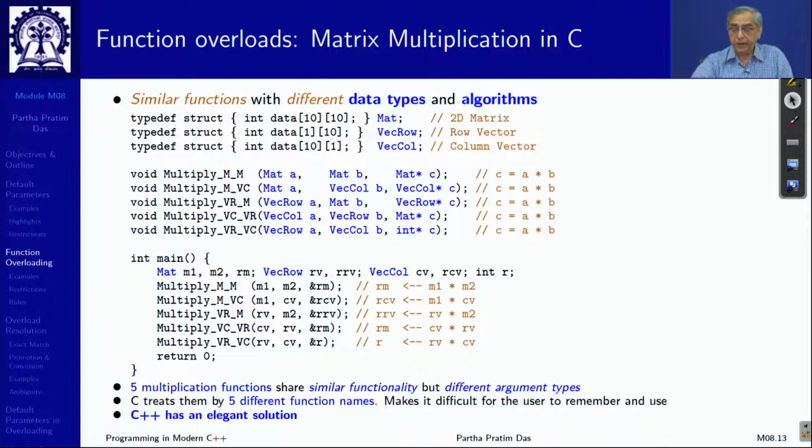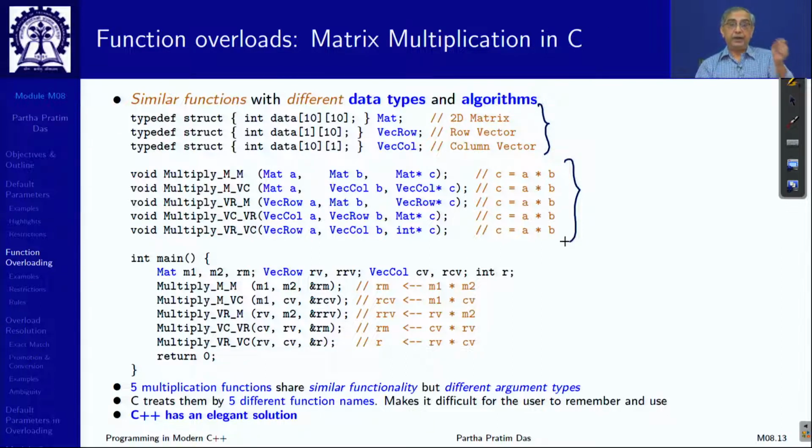name. Right? So, let us say I am talking about matrix multiplication, and I have three data types: a square matrix, a row vector, and a column vector. With these three data types, there are five possible ways I might multiply.